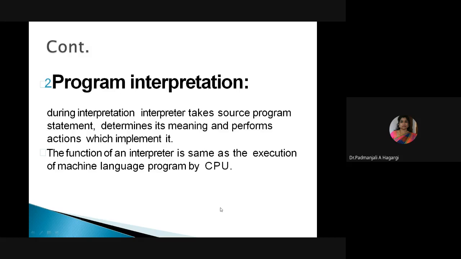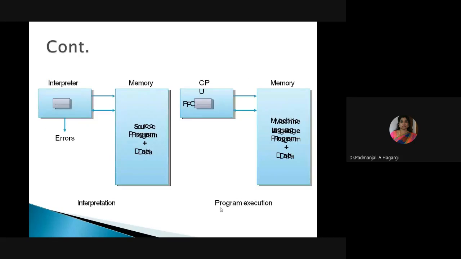I will tell you the different stages in program execution. There are three cycles. Fetch the program, that is load the program and be ready for execution. I will show that in the next slide. Here it is. The interpreter rectifies the errors of the source program and loads the machine language into memory.